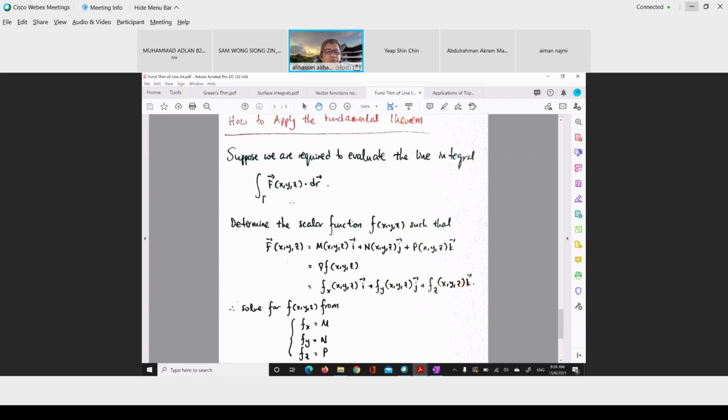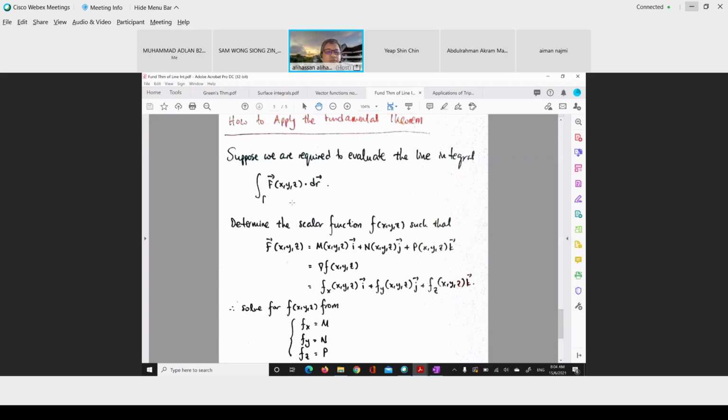So here we have a region omega with boundary gamma here. So this gives us another method for evaluation of the line integral of a vector field for the two-dimensional case.